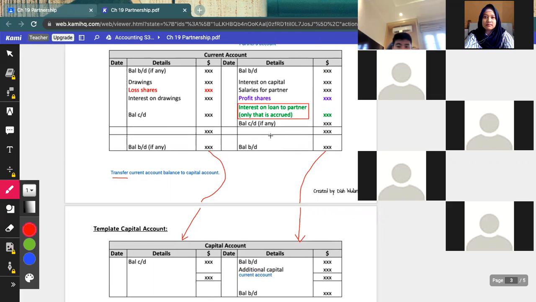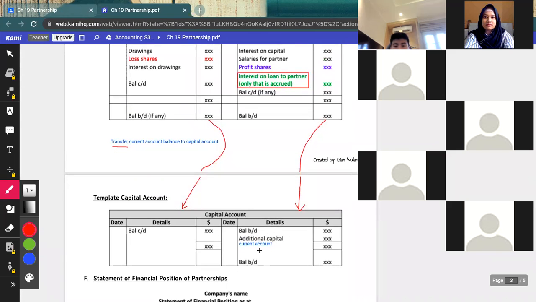So why not give part of my current account to my capital account, adding my portion of ownership to the partnership. So current account can be used to add capital or to deduct capital. And what Jerry said, that current account is considered as additional capital, is not always the case, but it can be.